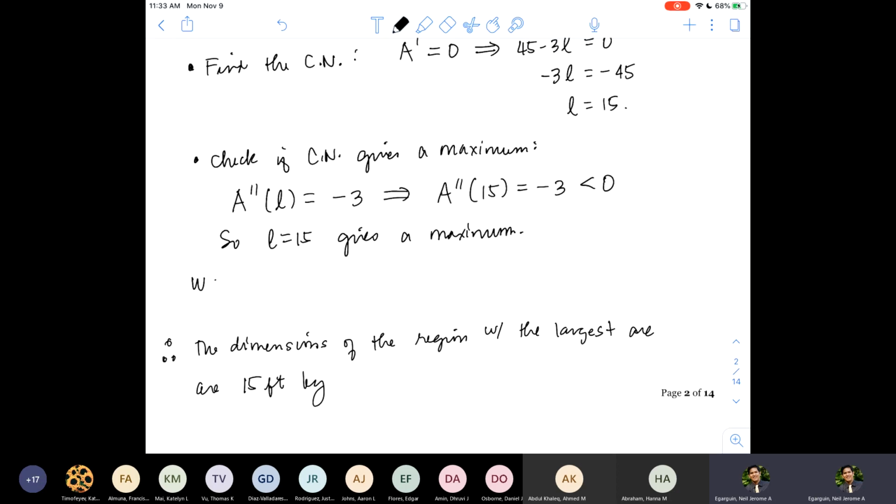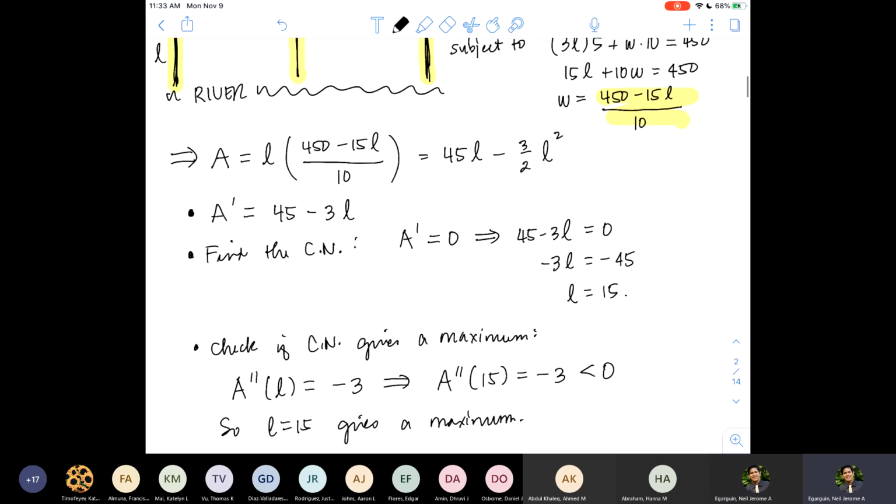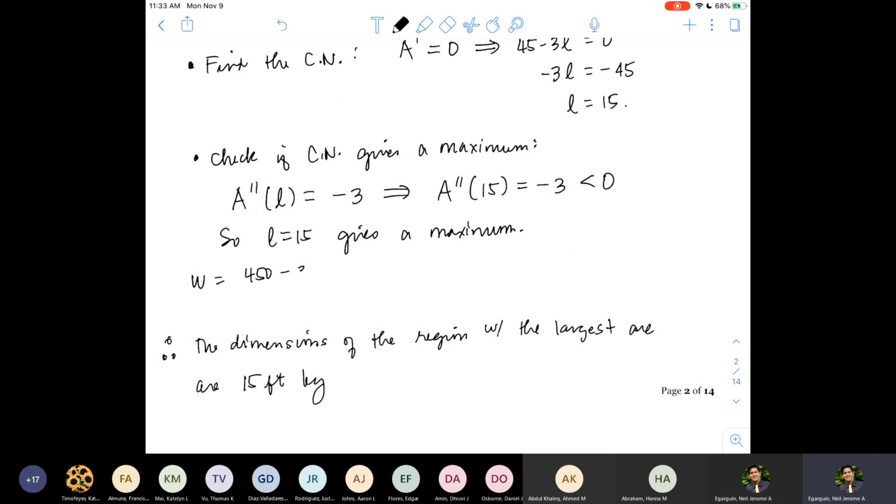So here W equals 450 minus 15L over 10. So that's 450 minus 15 times 15 over 10. That's 450 minus, what is 15 squared? Is it 225? Yeah, it's 225 over 10.